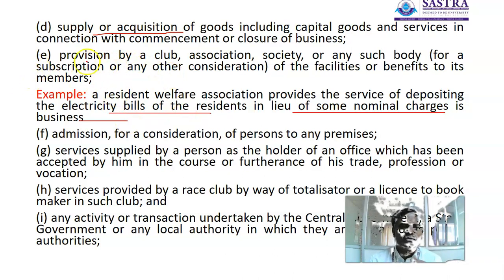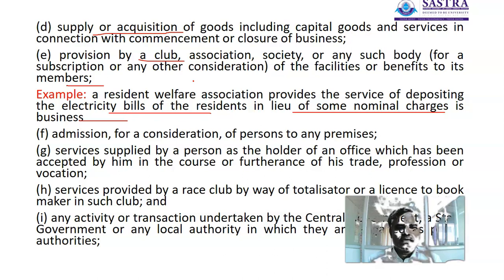Before that, you have to see provision by a club, association or society or any such body for a subscription or any other consideration for the facilities or benefits to the members. Here you have an organization. Take for example, you are living in an apartment. In this apartment, they have an association, with a chairman, a secretary and a treasurer.